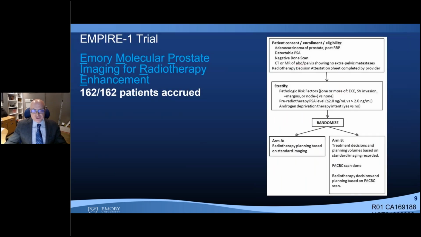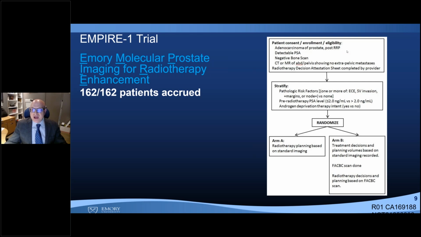The EMPIRE-1 trial, or the Emory Molecular Prostate Imaging for Radiotherapy Enhancement trial, was conducted and recently completed at Emory, in which we took patients who had prostatectomy and biochemical recurrence.